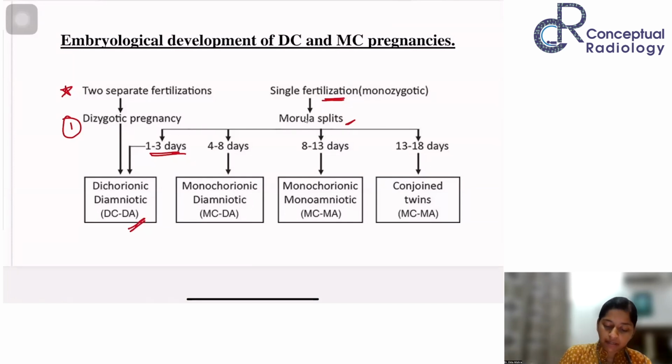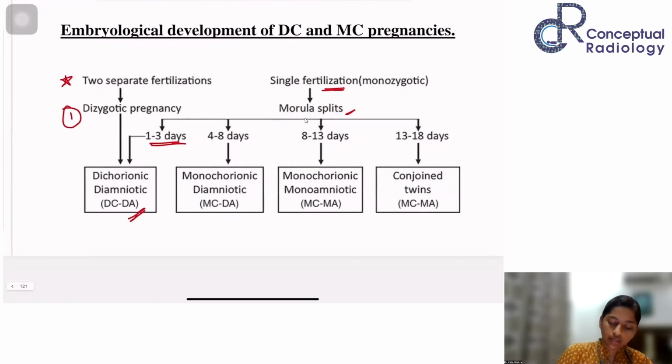If the division is happening within 4 to 8 days, the chorion is the same, but the amniotic cavity is now separate. So monochorionic, diamniotic. If the split is happening after 8 to 13 days, then it's monochorionic, monoamniotic, and after 13 days, it's conjoined twinning.